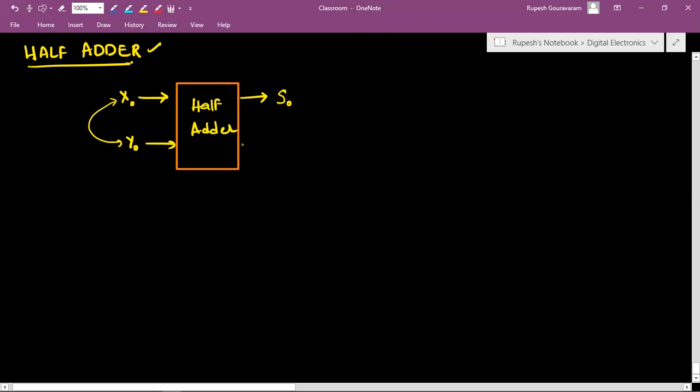First one is sum and then carry. So this is known as sum and this is carry. So if you have x0, y0 and carry and sum here.